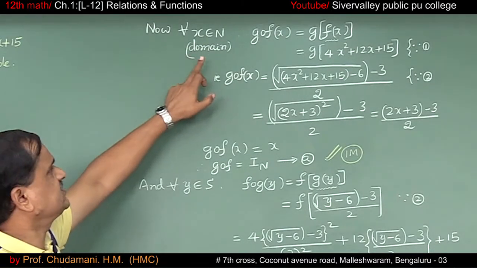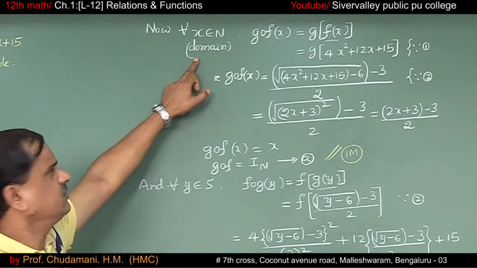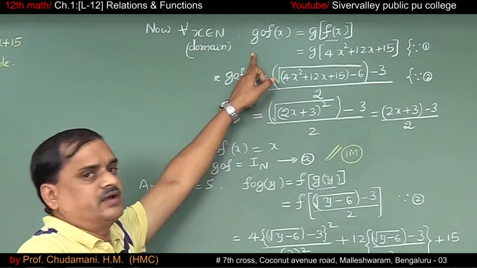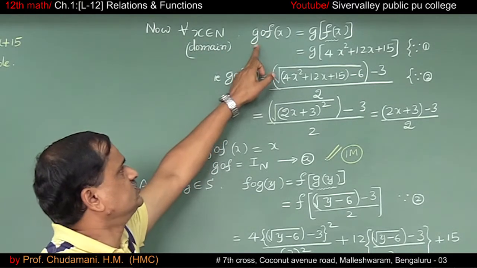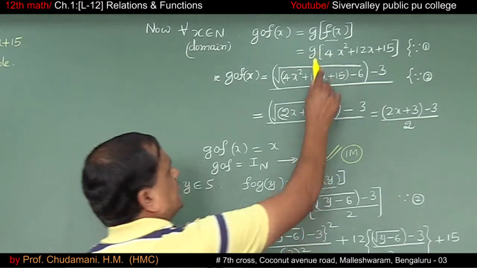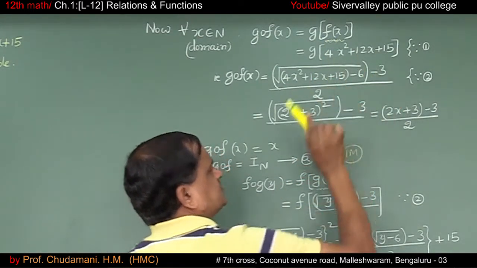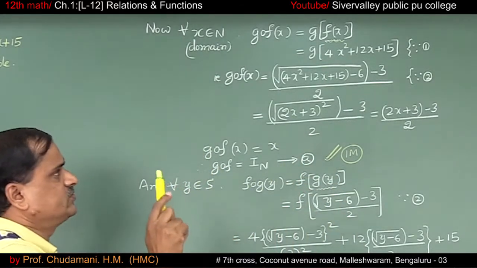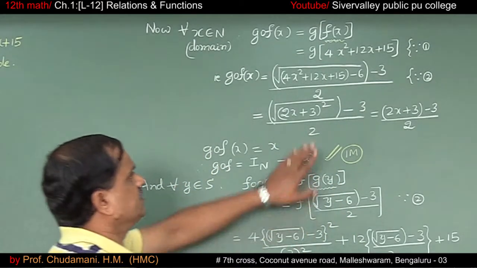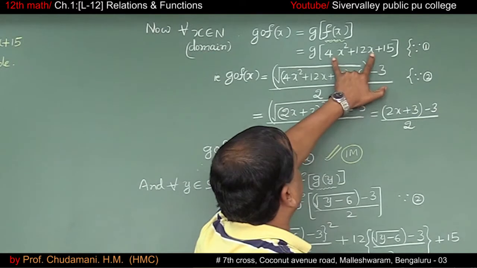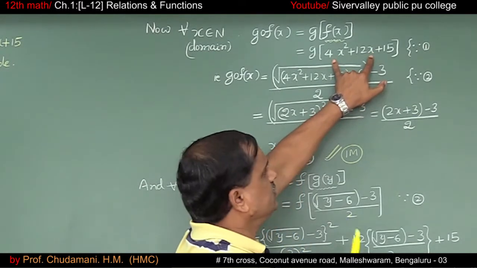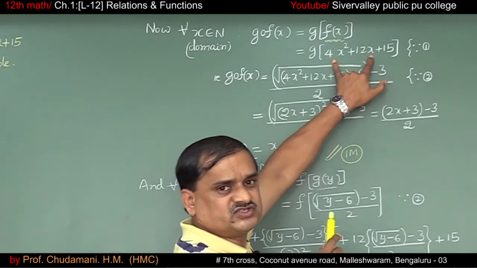Now for all x belongs to N, the domain, g of f of x. Please observe f of x from equation 1. f of x is nothing but 4x square plus 12x plus 15. Now this is of the form g of y. Using 2, g of y means what?